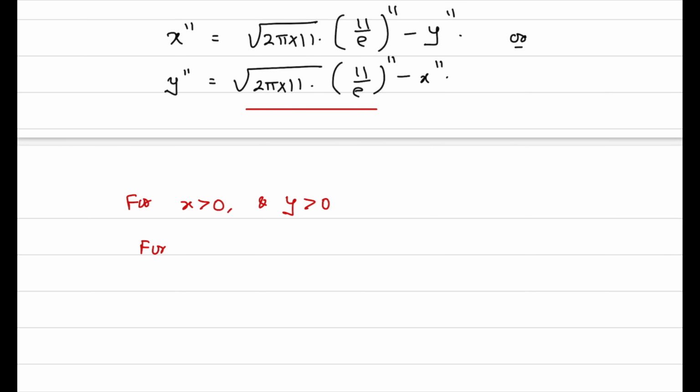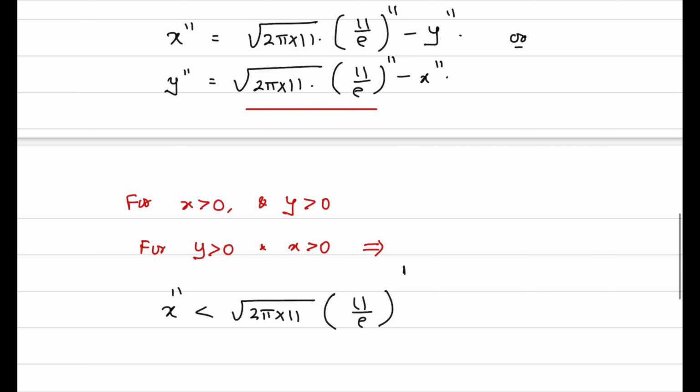For y to be greater than 0 and x to be greater than 0, x to the power of 11 should be less than square root of 2 pi into 11 into 11 by e to the power of 11.